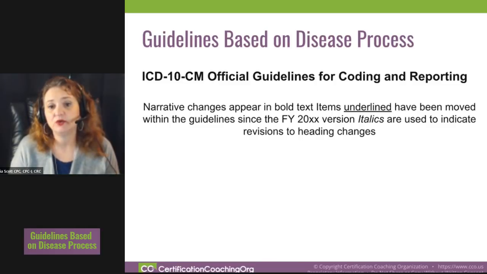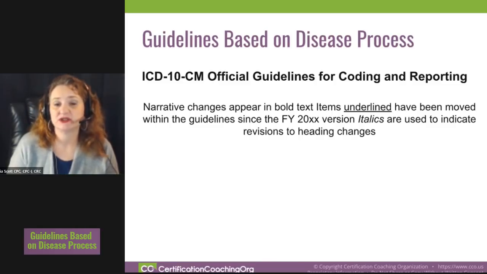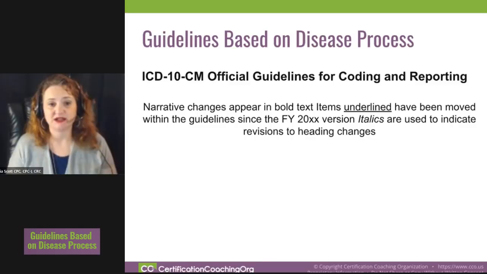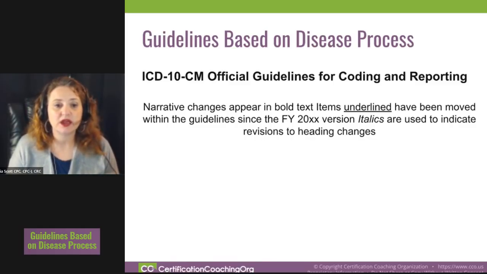It's important that you read through the guidelines several times. We like to tell our students that you need to read through the guidelines a minimum of 3 times for each code set. So for ICD is what we're focusing on today because of the disease process being associated to ICD. So again, it's ICD-10-CM.